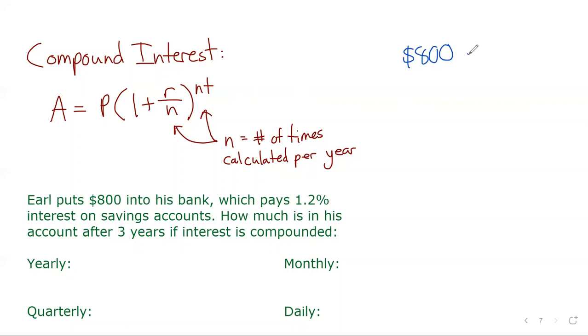So the first year you get $8, yay. Well, now you have $808 in your account. And so if you get 1% interest on that the next year, well, now you have $8.08 in interest.